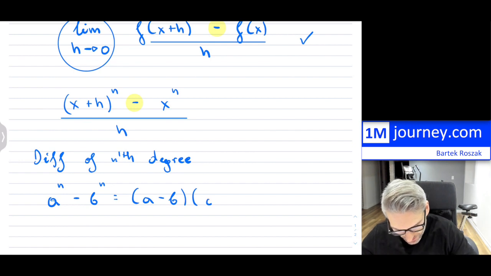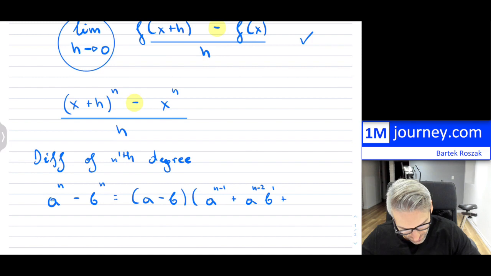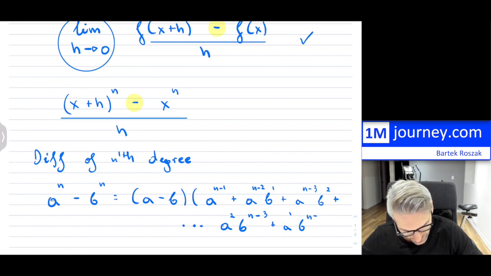In the general case, this will be a minus b, times a to the n minus 1, and then all of these terms are going to be positive: a to the n minus 2 times b, plus a to the n minus 3 times b squared, plus, and this just continues on until eventually we reach a to the 1 times b to the n minus 2, and finally b to the n minus 1.